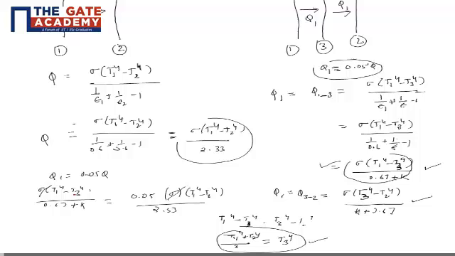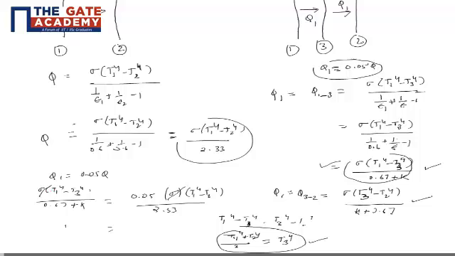Everything is in the power of 4, so T1 power 4 minus T3 power 4 should be half of T1 power 4 minus T2 power 4. So T3 power 4 is midway between T1 power 4 and T2 power 4.